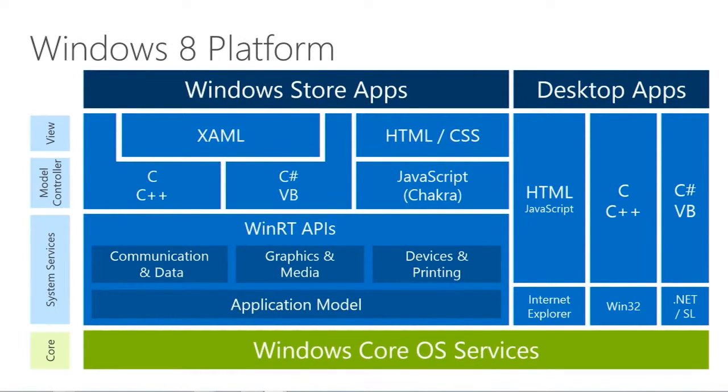You may have already seen this high-level architecture slide of what the Windows 8 platform is. Obviously, there are the desktop apps that you may have been building in the past, whether in C# or C++ or so on. We're going to focus on Windows Store apps, which is where Microsoft is focusing a lot of its energy.